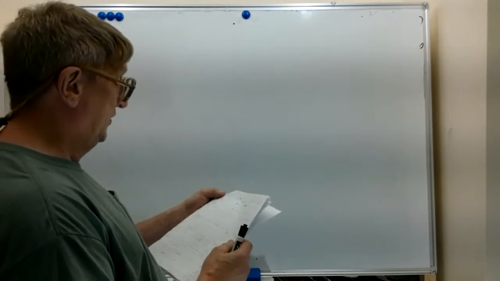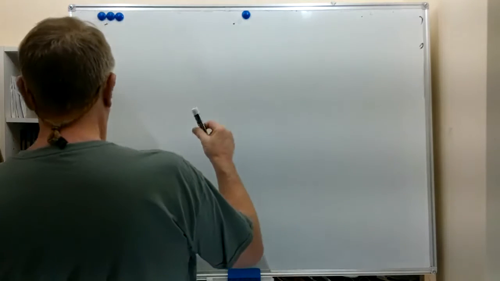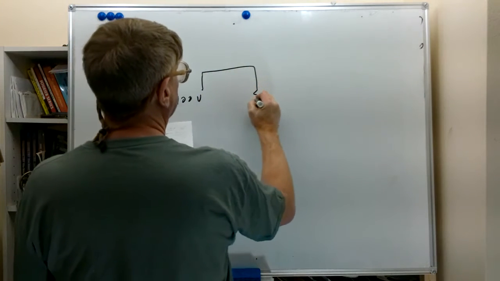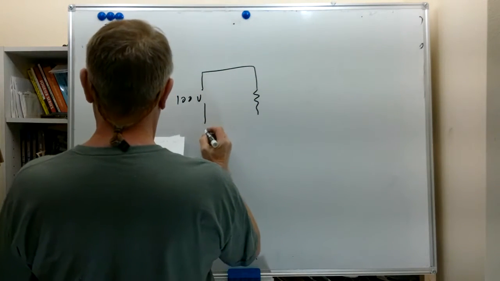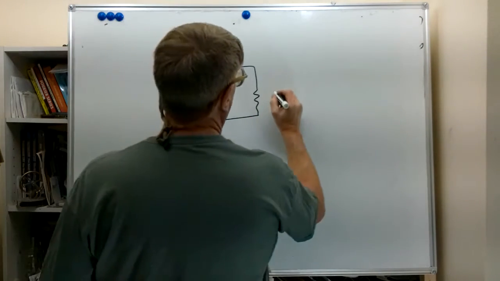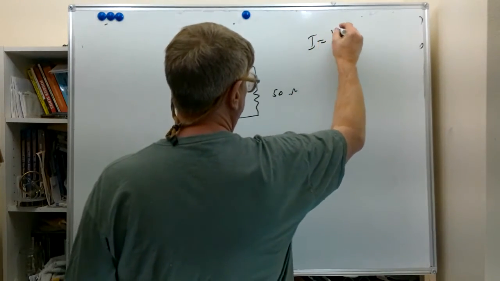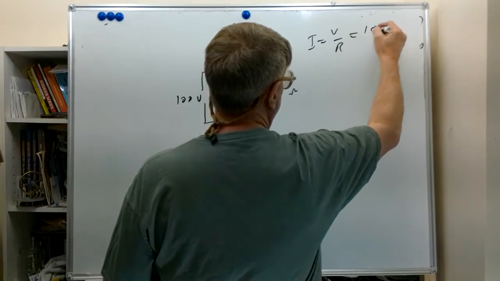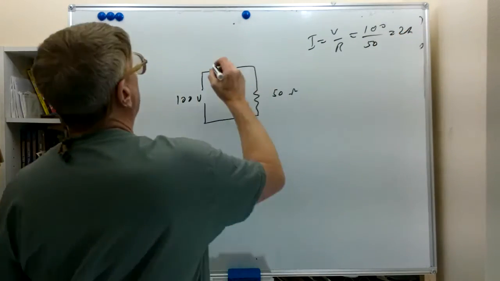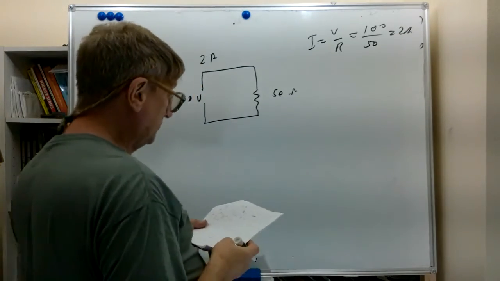Now we're gonna do an example here. We're gonna put 100 volts, and we're going to put 50 ohms here. I equals V over R, so we have 100 over 50, so that's 2 amps. So we'll put 2 amps here for our current.